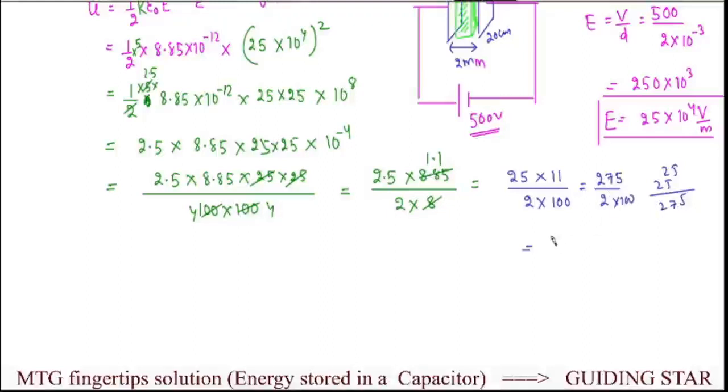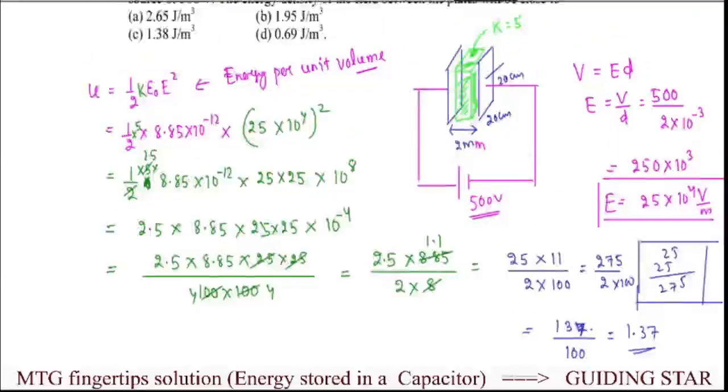Approximately, 2 ones are 2, 2 3s are 6, 2 7s are 14, with 1 remaining, so something around 137. So 137 divided by 100 will be approximately 1.37. Clear? That will be approximately 1.37.